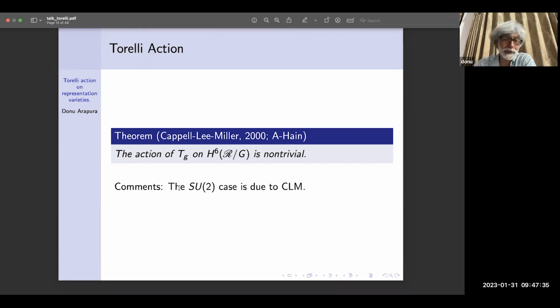It would be nice to have a similar result in rank N. We haven't got there yet, but that's really something on the horizon which we hope to do. Degree 6 is hopefully a temporary thing. It's just the first case we can get our hands on.